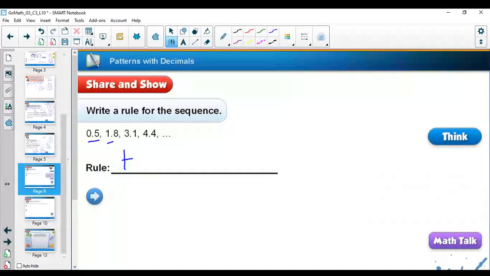5/10 is less than 1 and 8/10. So I'm going to take 1 and 8/10, going to subtract my adjacent term that's smaller, right? I took these two to find the difference between them. 1 and 8/10 minus 5/10 is 1 and 3/10.